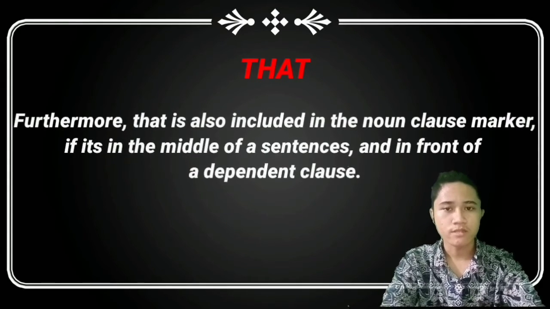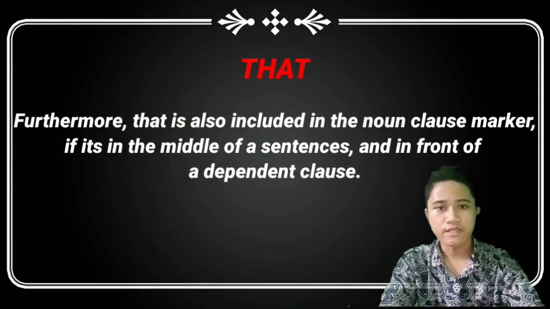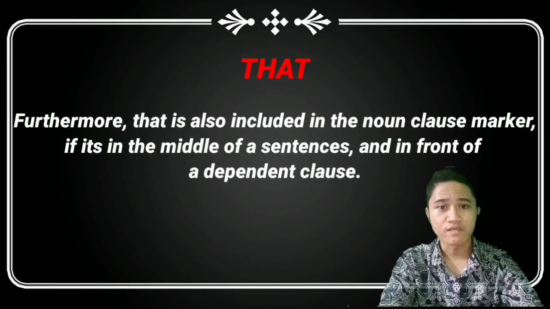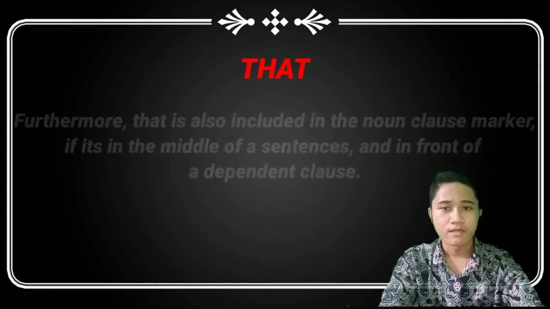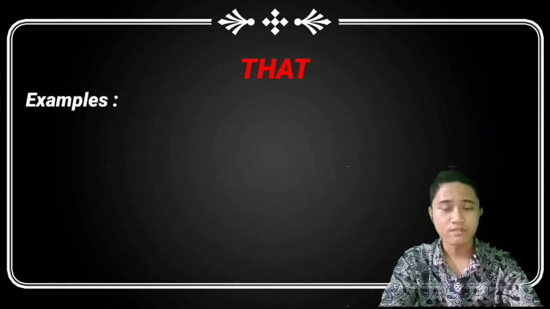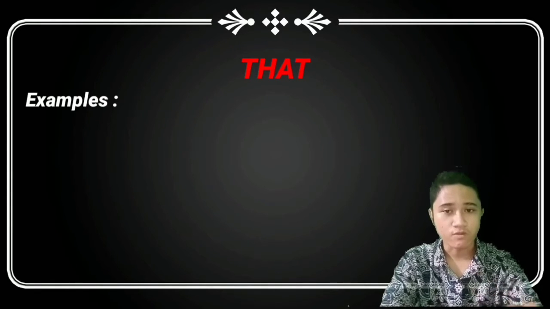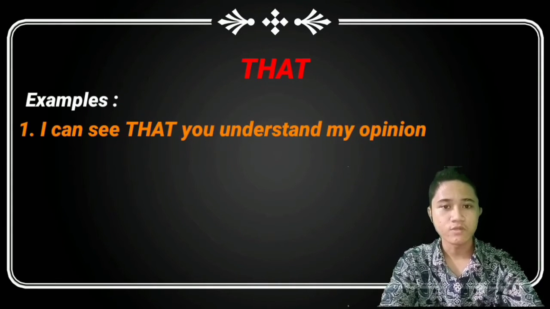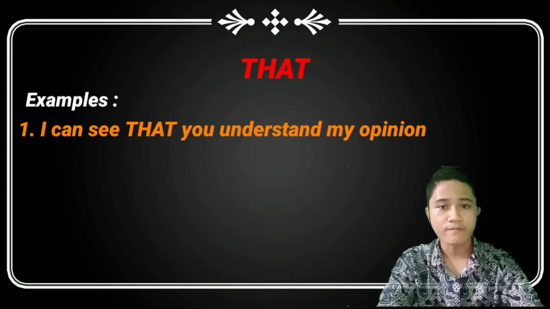Okay? And the last noun clause marker is that. Furthermore, that is also included as a noun clause marker if it's in the middle of a sentence and in front of a dependent clause. Next, examples of that as a noun clause marker are as follows. The first example: I can see that you understand my opinion.